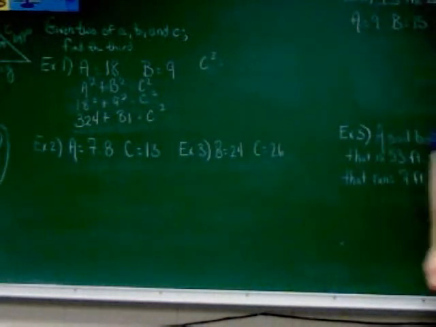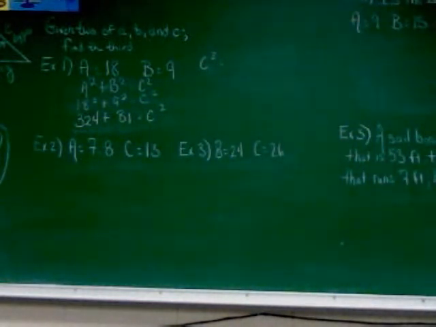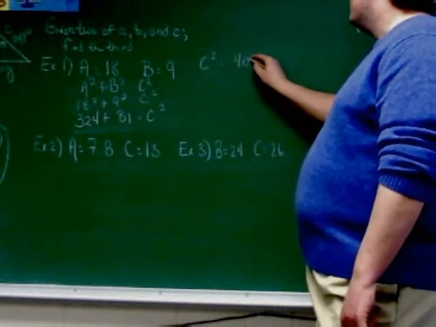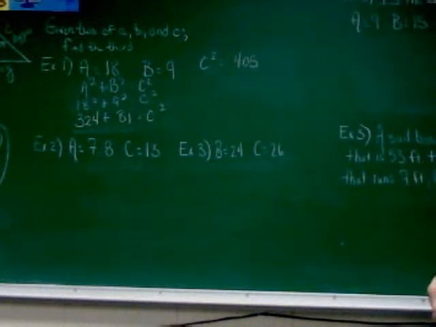Now I'm going to add the 324 and 81, and I get 405. Now, that's what c squared equals.